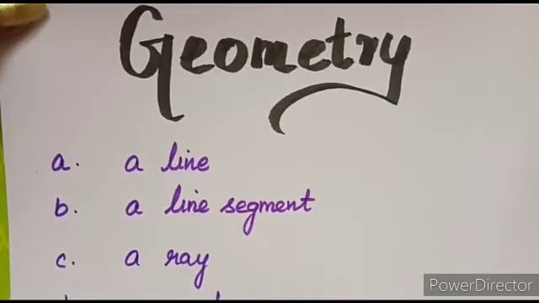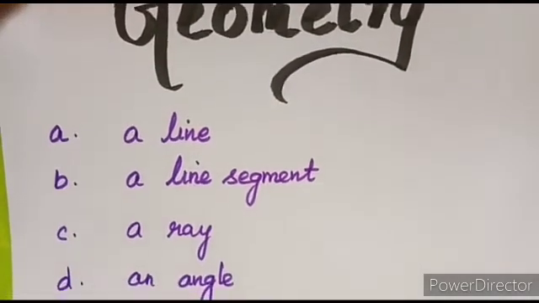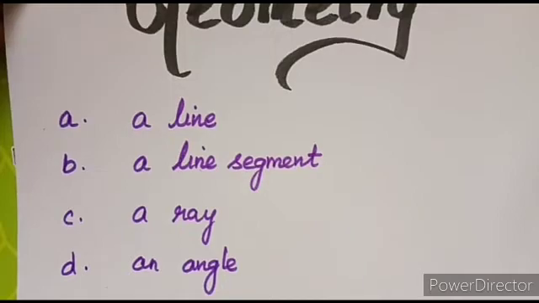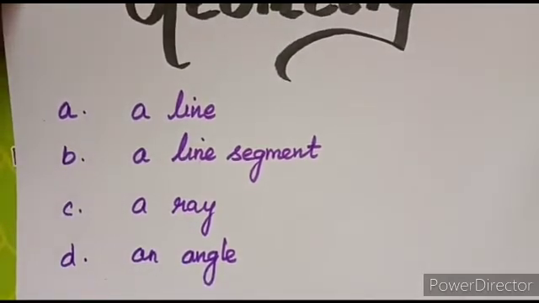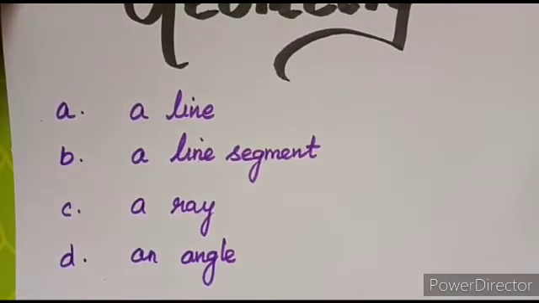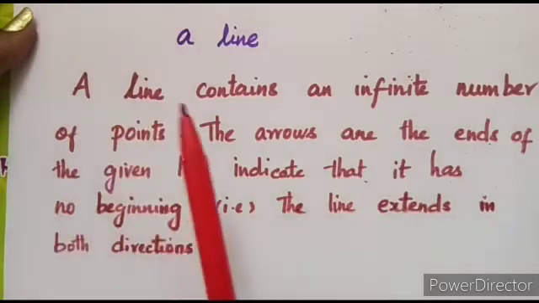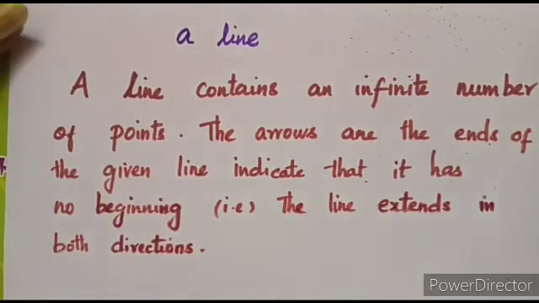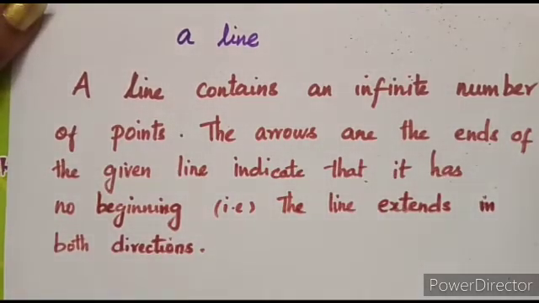So next topic, geometry. In that we are going to see about a line segment, a ray, and an angle. A line contains an infinite number of points. The arrows at the ends of the given line indicate that it has no beginning, that is, the line extends in both directions.